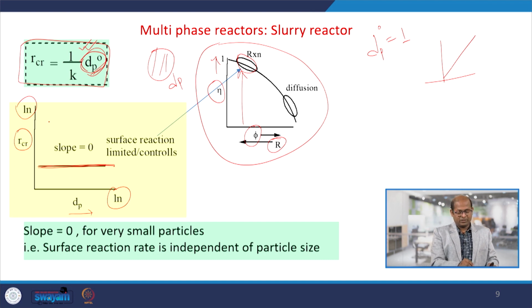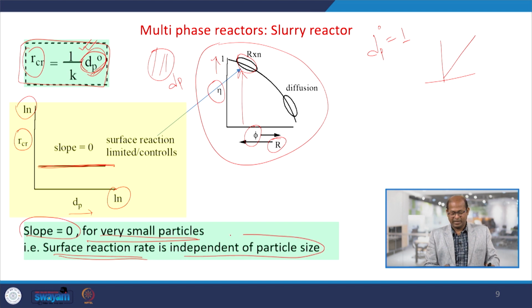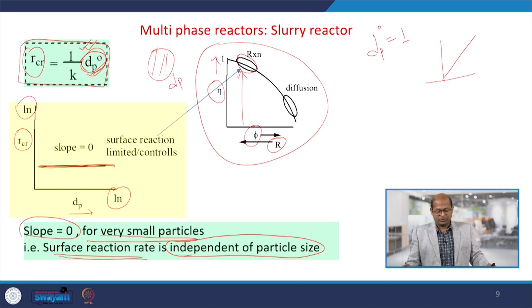So, if it is observed that RCR, the total resistance, is independent of the particle size, for a very small size of particles the slope equals 0, and the surface reaction rate is independent of the particle size. Okay. So, here in this case the line would be like this. If we increase or decrease the particle size under these conditions, there is no diffusional resistance.